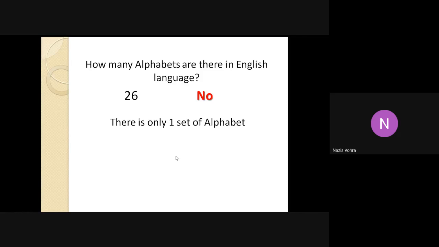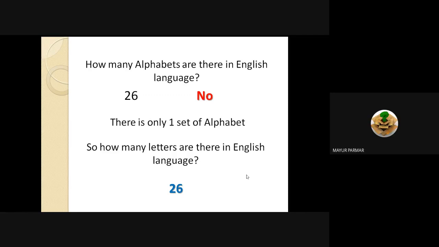So the A, B, C, D that you have is nothing but letters. We have one set of alphabets, but we have 26 letters in our English language. How many? 26, ma'am. So, do you have any confusion here?